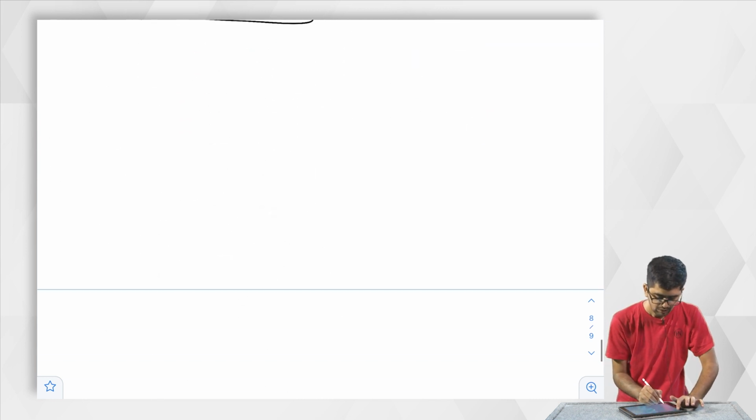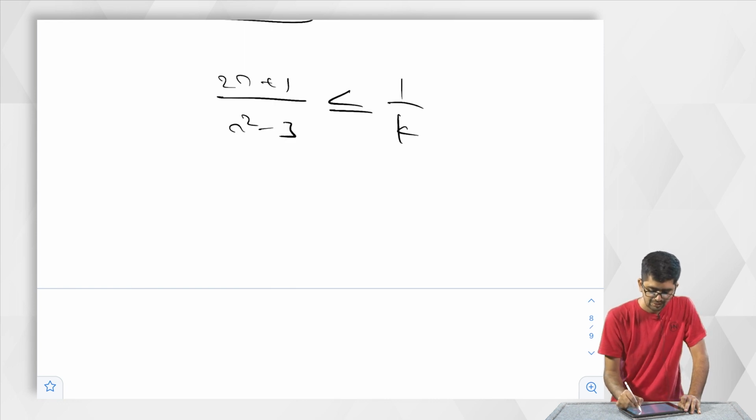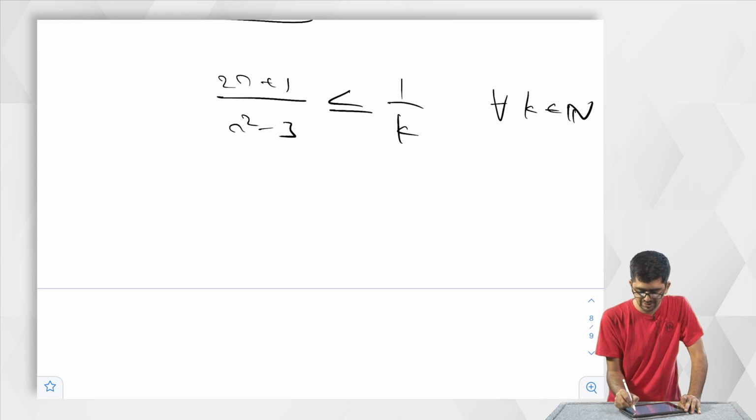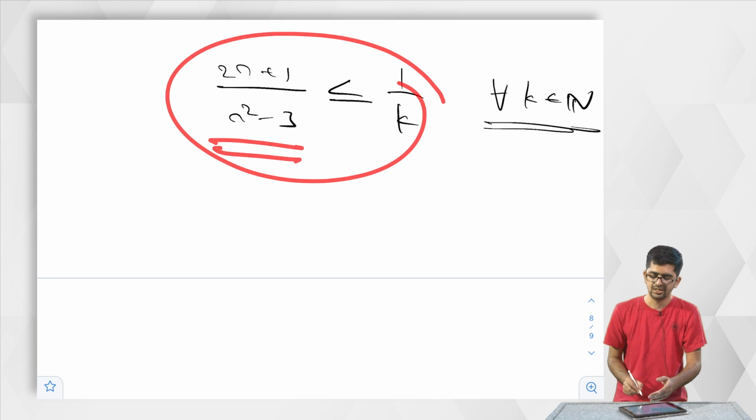So we have (2n plus 1) by (n square minus 3) less than or equal to 1 by k for all k belongs to n. See, this needs some explanation. This is not true for all n.